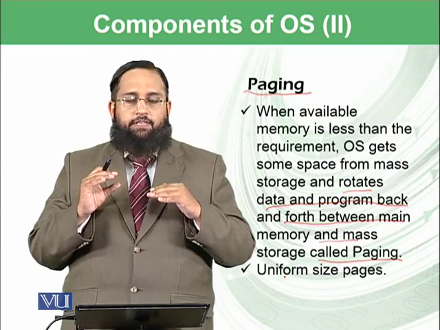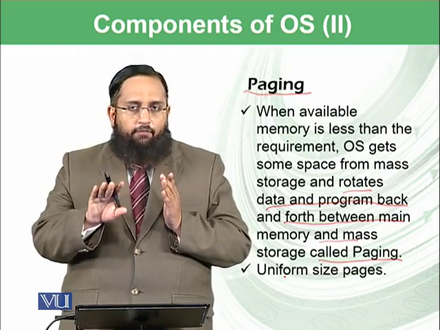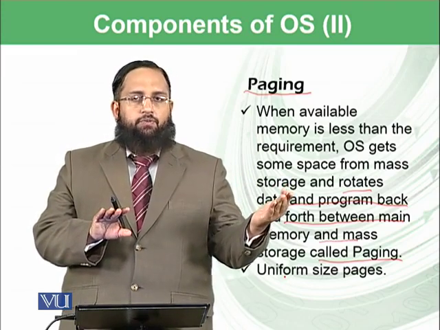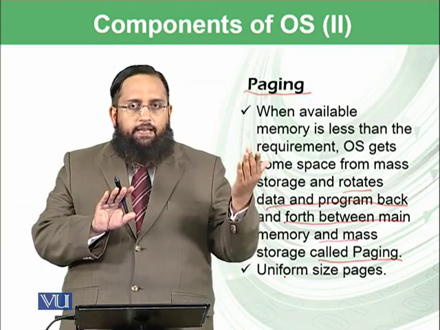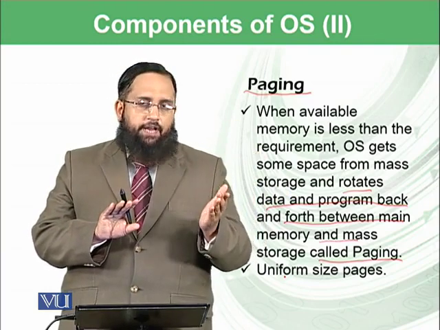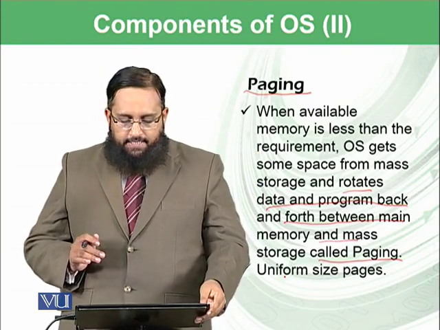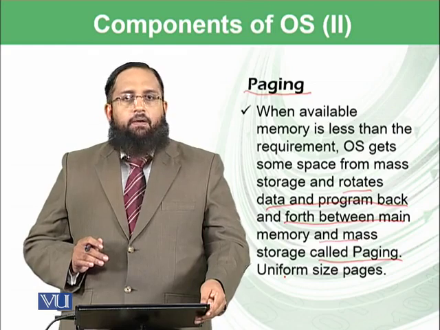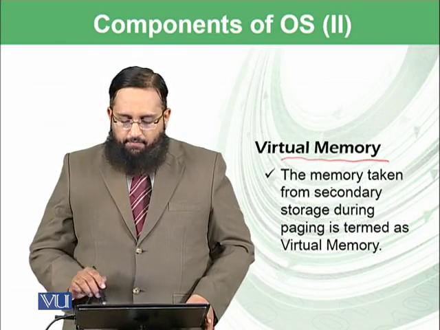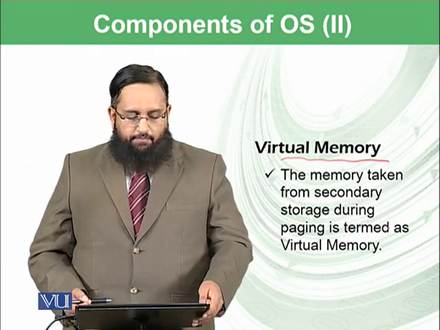Some of those pages are available in the RAM and some of them are available in the secondary storage. Whenever we need the stored pages from secondary storage, they are retrieved back into the main memory. Such memory taken from mass storage is known as virtual memory. So the memory taken from secondary storage during paging is termed virtual memory.